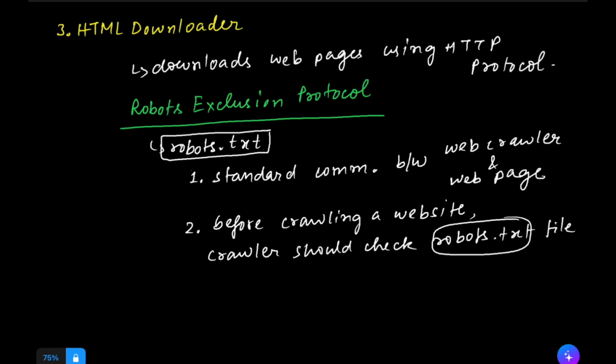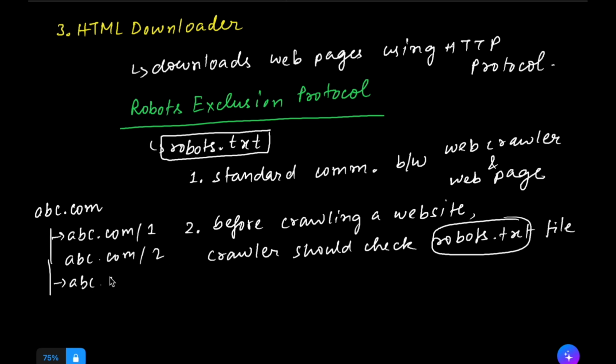Let's say this is my host page or host server, and I have various hyperlinks present in that page, let's say 1, 2, and accounts, and like that various hyperlinks are present.